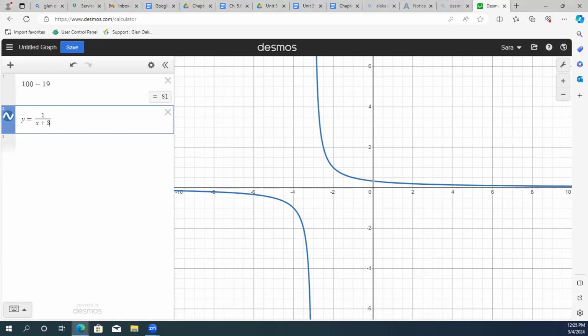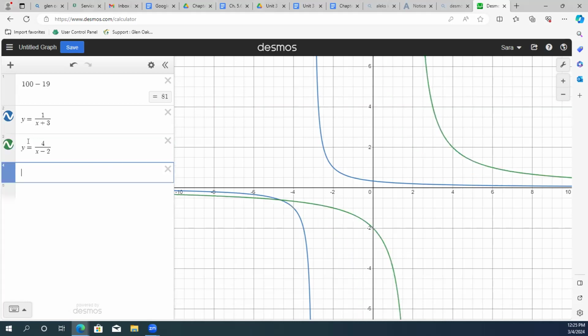And likewise, the next one, if we graph it, y equals 4 divided by x minus 2, you'll see something similar happens here. We again have a horizontal asymptote at y equals 0, but we have a vertical asymptote when the denominator equals 0, which is at x equals 2. So I'm going to show you that here.